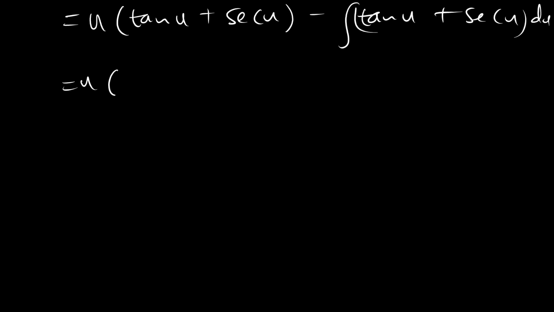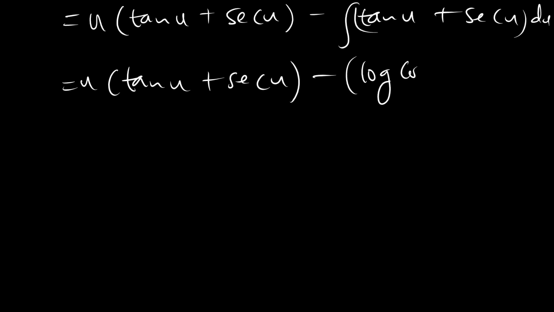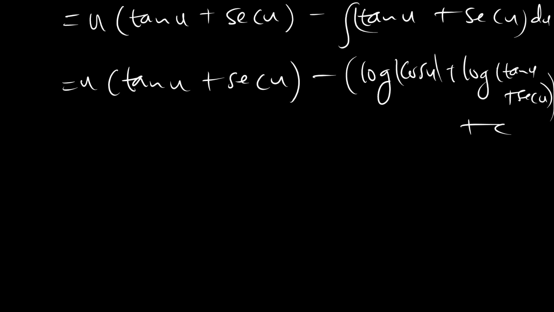So this is the same as minus the natural logarithm of cosine of u plus the natural logarithm of (tangent of u plus secant of u) plus c. Now some people like putting absolute values there.